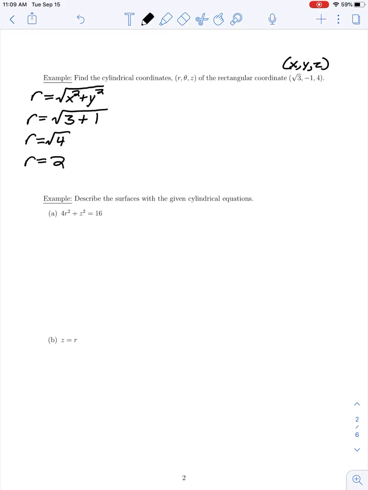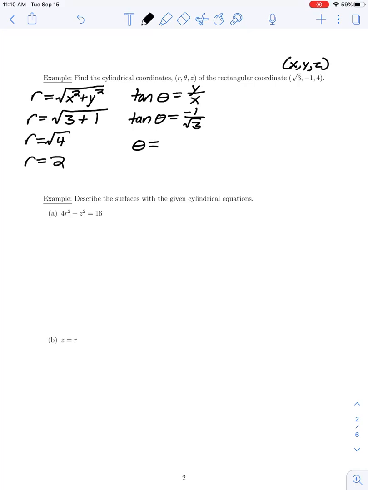Now, to find theta, we use the conversion formula that tangent of theta is equal to y over x. So in this problem, y was -1. We're dividing by √3. So we are looking for the angle theta such that tangent of that angle would be equal to -1 over √3.